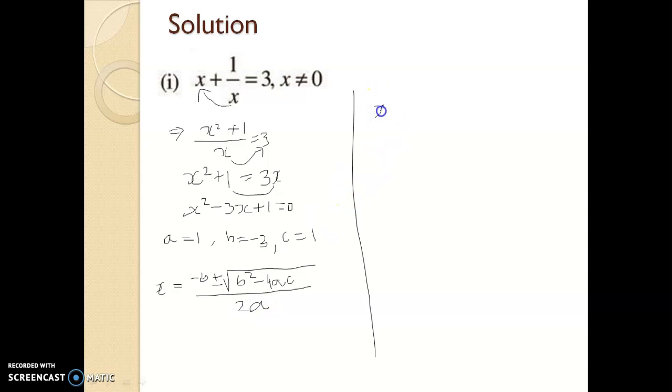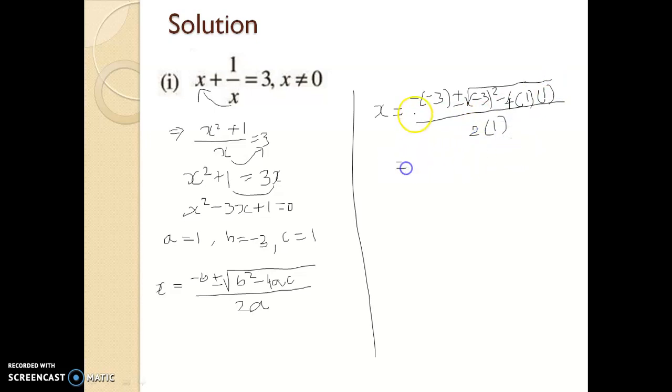So now I want to substitute the a value, b value, c value here. What is b value? -3. So minus of -3 plus or minus square root of b square, so -3 whole square, minus 4ac, so minus 4, instead of a 1, instead of c also 1. Everything inside the square root, and whole divided by 2a, that is 2 into 1.